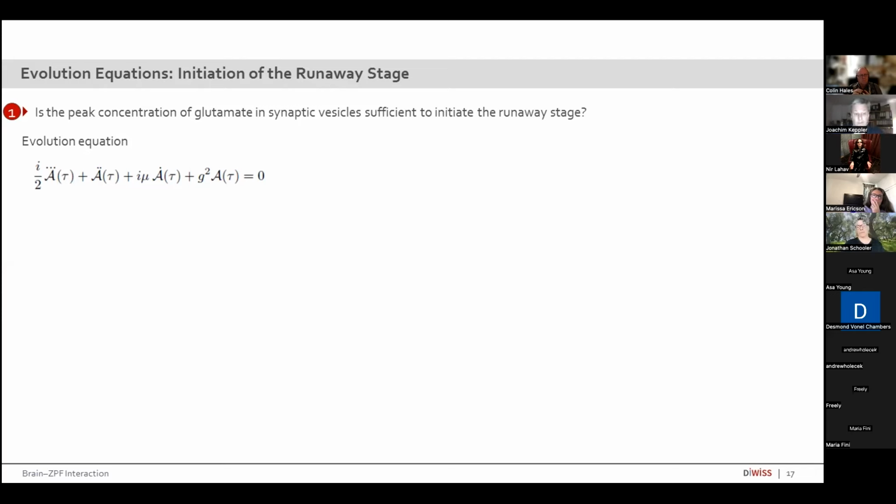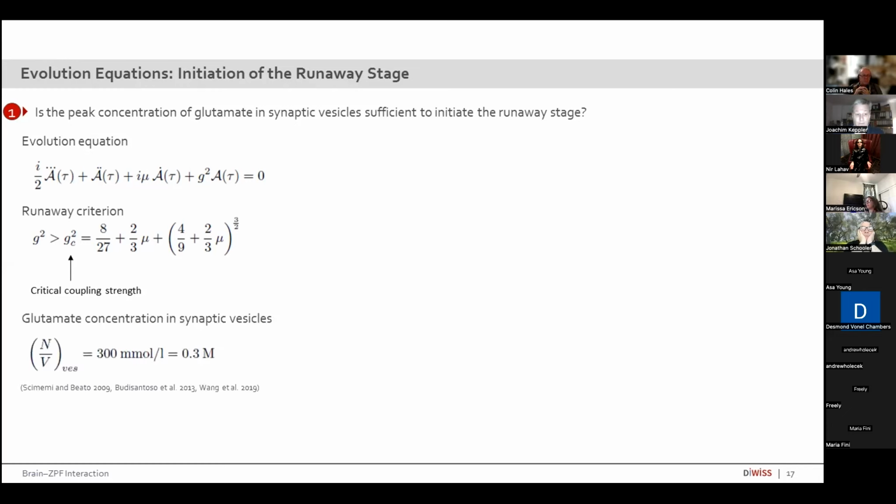And it turns out that the evolution equation in this case can be simplified and reduced to just one equation. And what we get is also a runaway criterion, namely the coupling strength G must exceed a critical strength GC.